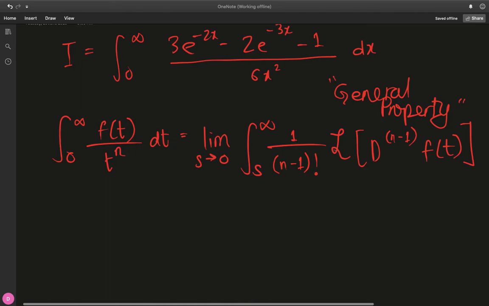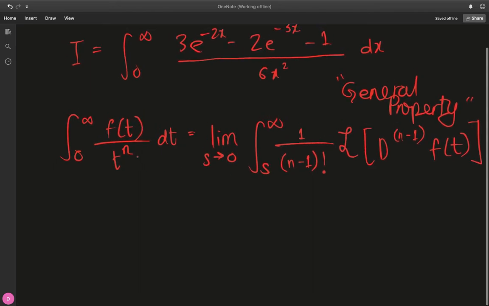So we can apply this property and notice that in our denominator, n is equal to 2, and our f of t, you can change x to t, is 3 times e raised to negative 2t minus 2 times e raised to negative 3t minus 1.